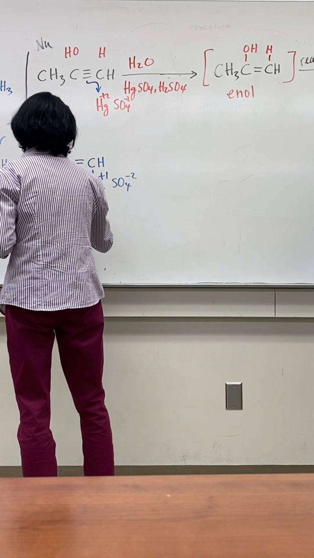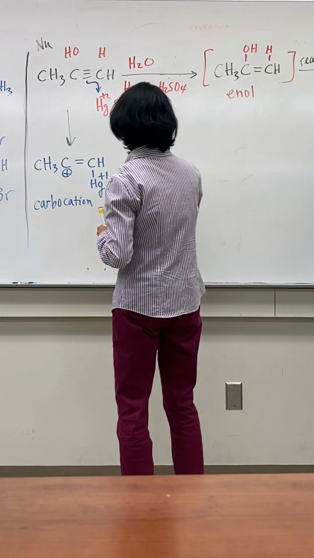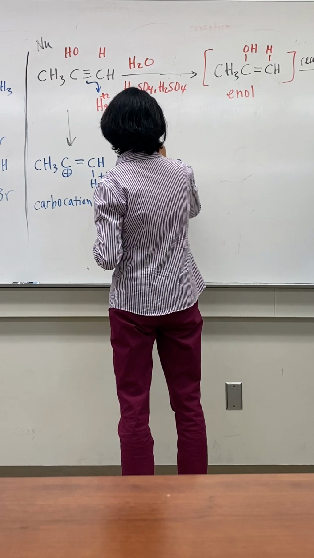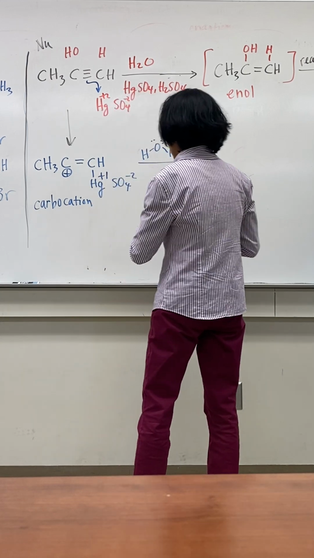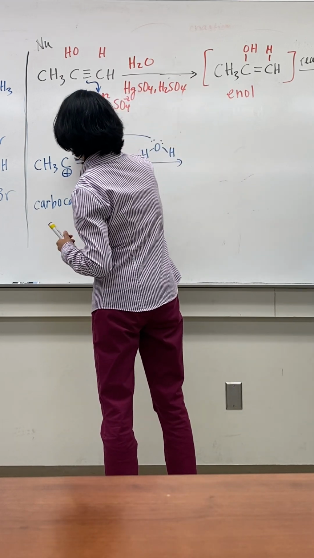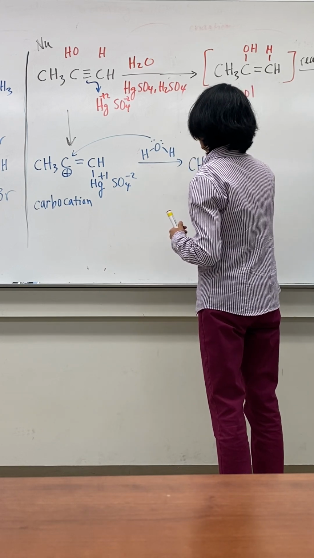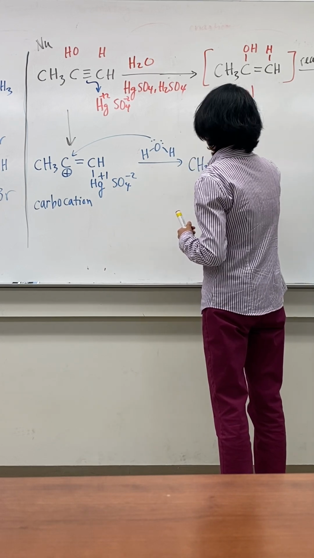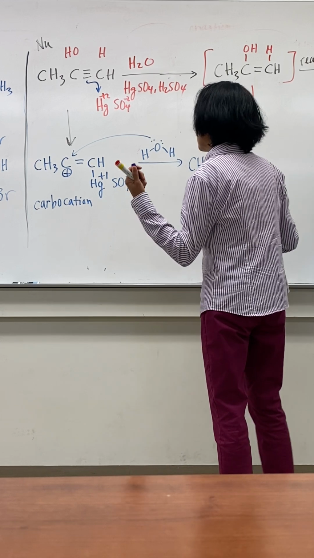All right, so then the water attacks that carbon. So this is where the water comes in. So water, lone pairs, okay? So it's gonna go in here, and then you make a bond to the water. So CH3, C, and then OH2 plus, right?